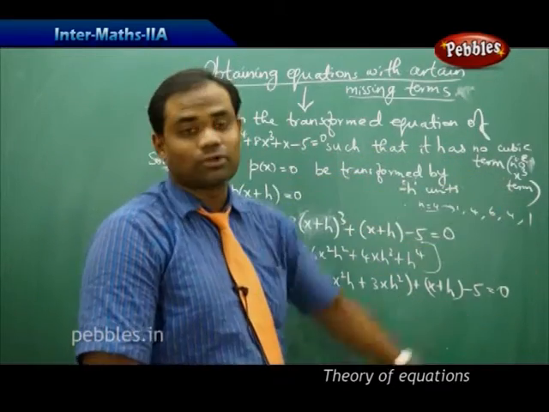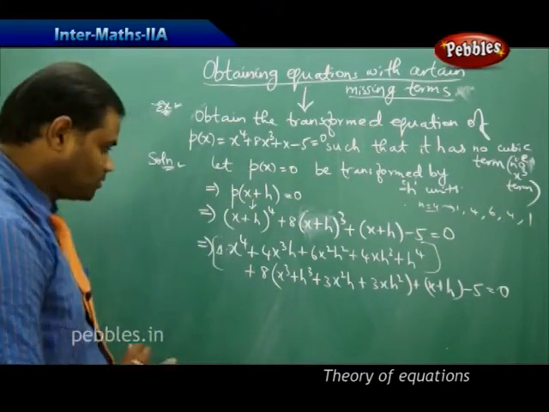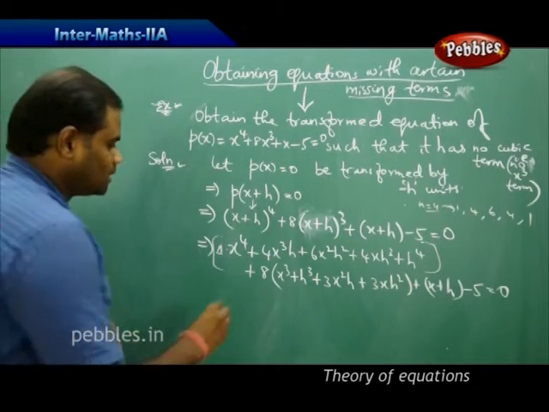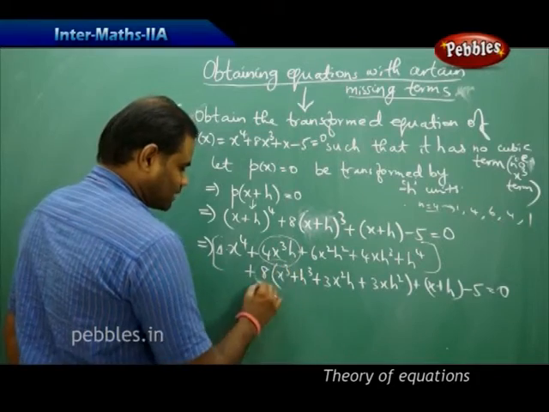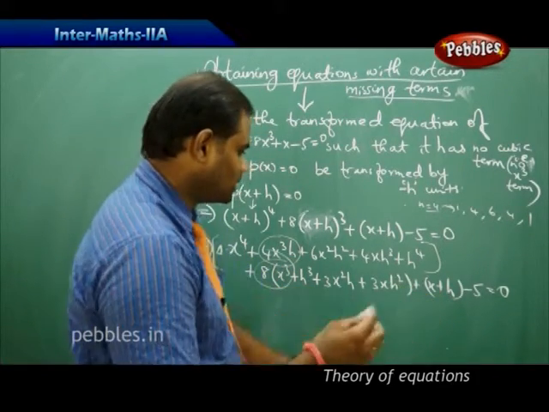Now the question here, if I read back, says that I have to transform this equation into a new equation such that it has no cubic term. If I want to delete the cubic term, I take into consideration all the cubic terms here, this, and that's it. There are no other cubic terms.